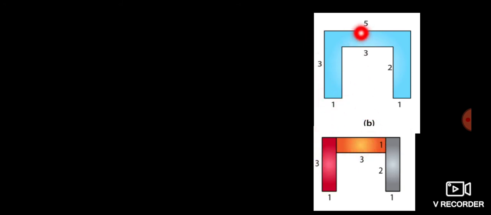Here the orange region. We know this side is 1 centimeter. So this also 1 centimeter. Width is 1 centimeter. Here 3 centimeter is given in the question. Here same as 3 and 1.